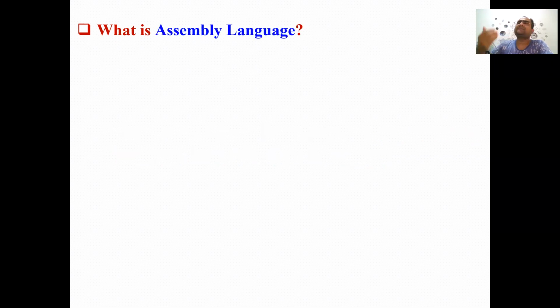All right. So what is assembly language? Anyone have the idea? Is it the first machine language of computer? No. If you think about like 100 years ago, we had only the machine language.